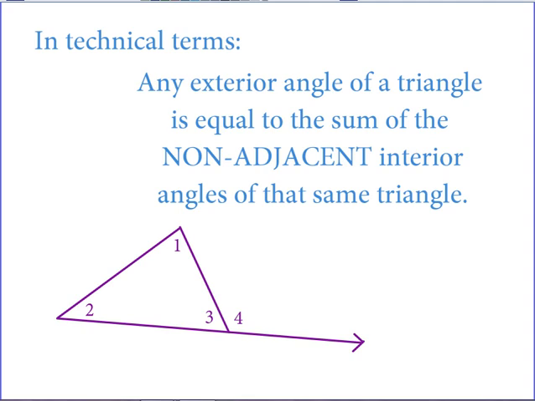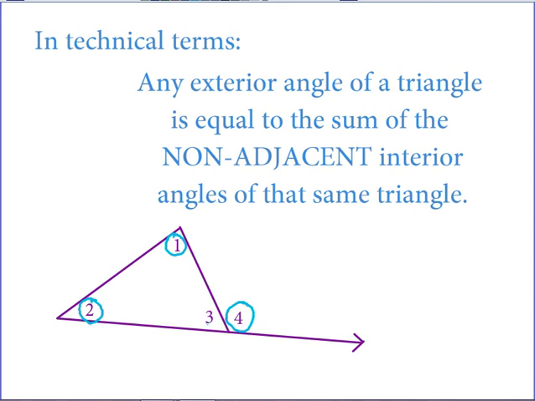In technical terms, we're going to say any exterior angle of a triangle is equal to the sum, or adding together, of the non-adjacent interior angles. Remember how when 3 and 4 share a side, they're called adjacent, right?